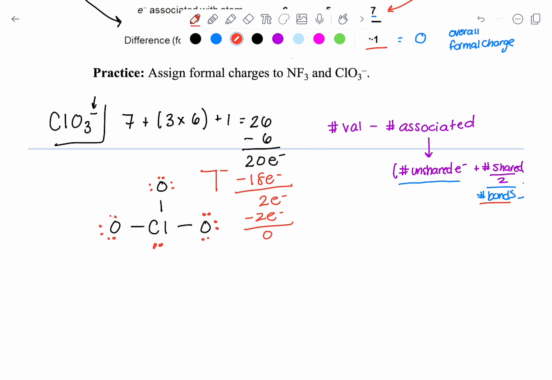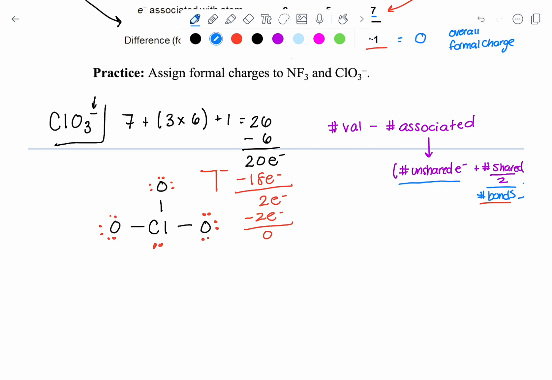And if your formal charge doesn't add up to the charge on the molecule overall, then something is wrong, either in your calculation or in your structure. So first make sure that your Lewis structure is correct, and then move on to your formal charge.